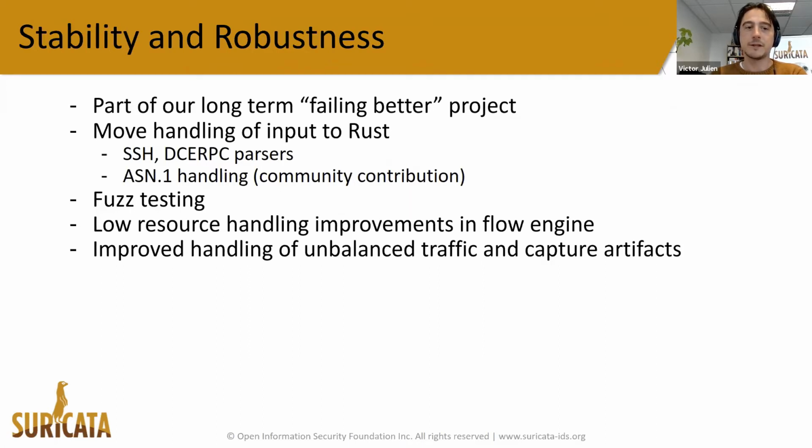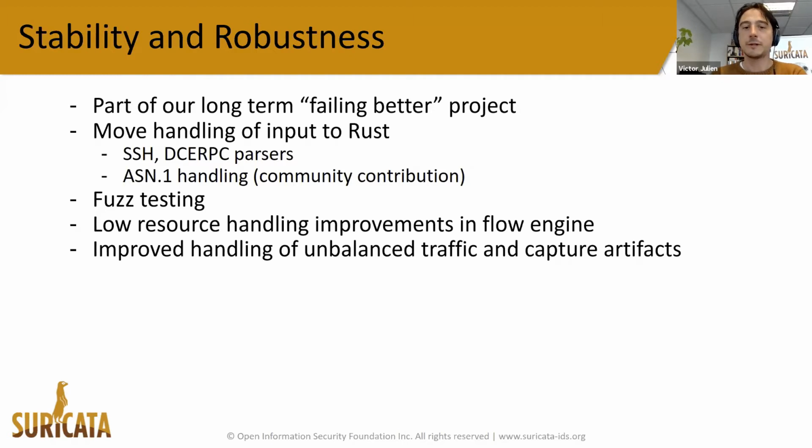One of the major things that we've been testing and improving in this release is what happens when we get overwhelmed by the number of flows, or we hit the resource limits in the flow engine. If you start testing this, you would find it works much better and handles it more gracefully.